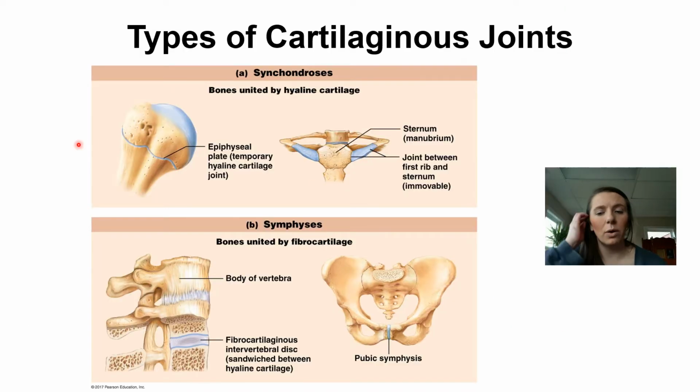So this picture is again from the Marieb textbook. The last picture was from the OpenStax book, but this one's from the Marieb textbook, and it's just re-explaining the types of cartilaginous joints.